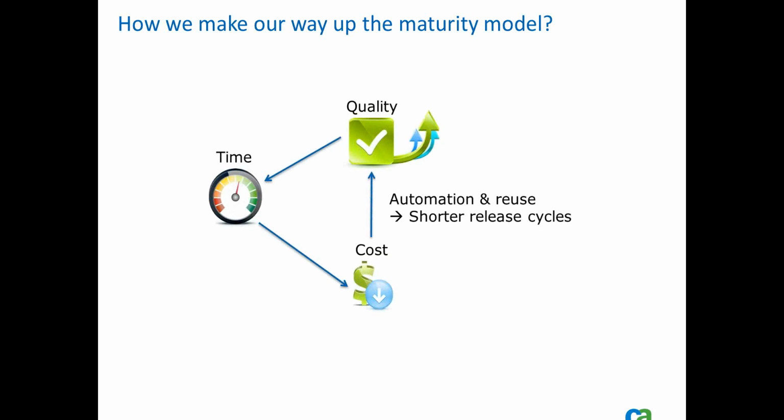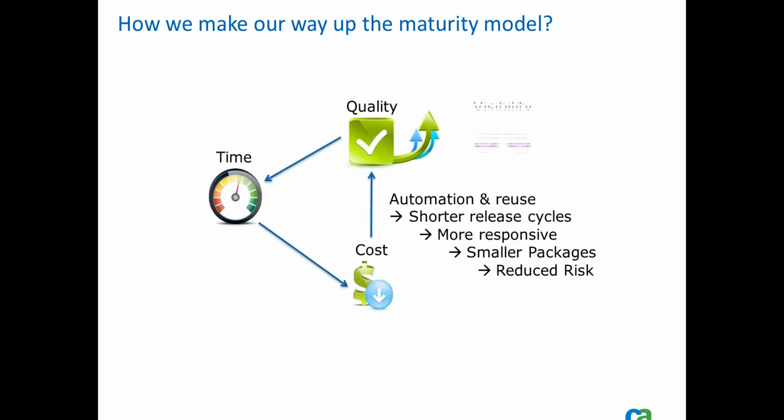So we have automation and reuse initially, gives us shorter release cycles. If we have shorter release cycles, each release can have less code changes in it. So not only are we more responsive to the business, but because we're deploying smaller packages, there's a reduced risk. So we start having a positive spiral effect here. The development starts feeding into itself. It's all automated. We can do more tasks in less time.